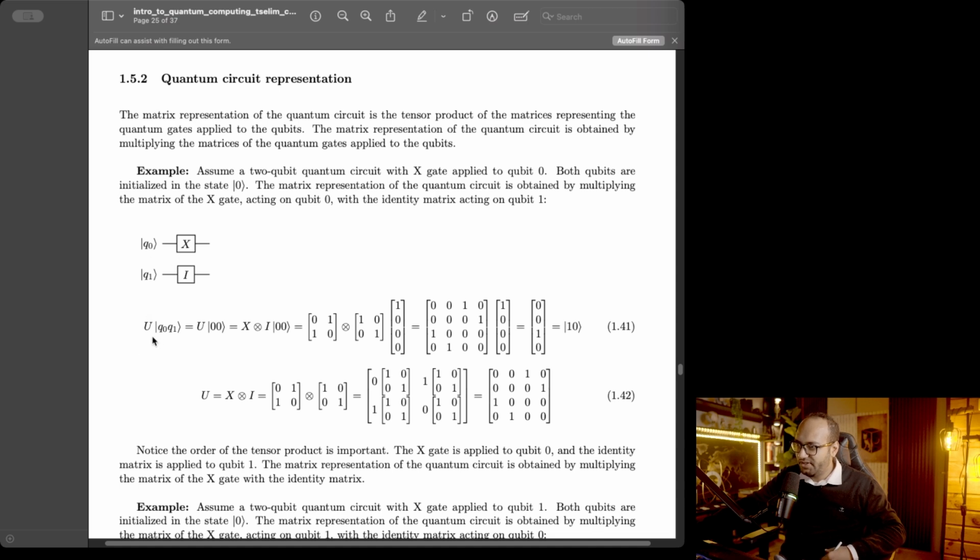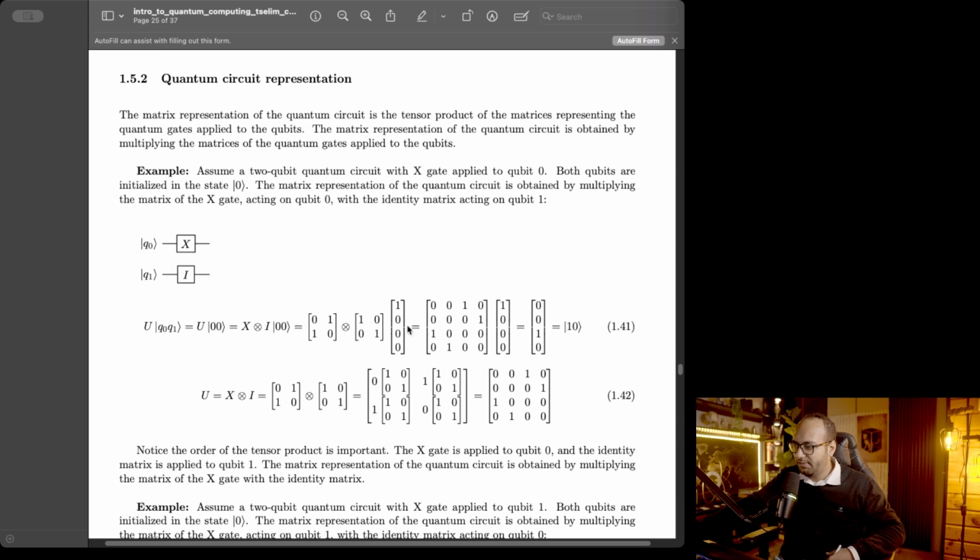The matrix representation of all gates that act on the quantum register, we can represent by a U matrix. This acts on the quantum register of Q0 and Q1, both of them initialized to the ground state. So we have U acting on 00. This U is actually a combination of 2 gates, the X gate acting on the first qubit and the identity acting on the second qubit.